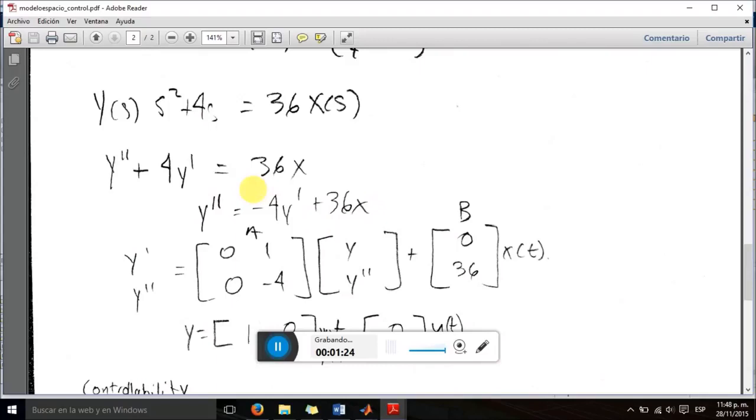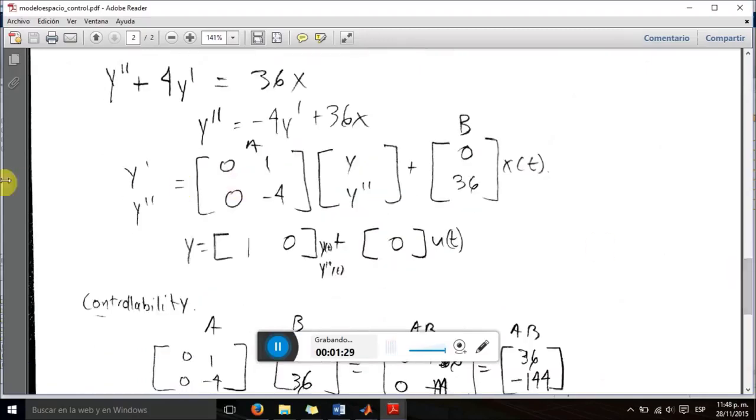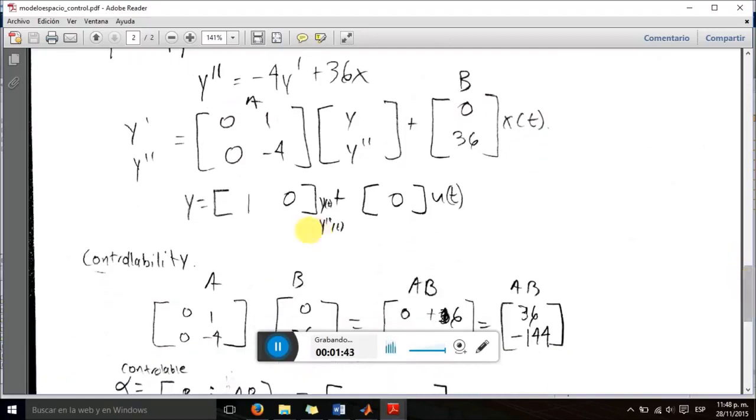And we have the state variables and the derivative of the state variables, and we obtain the relationship between them with some parameters that are filled in the matrix A and B, that we will use later. And we also have the output matrix that tells you which of the state space variables is the output.